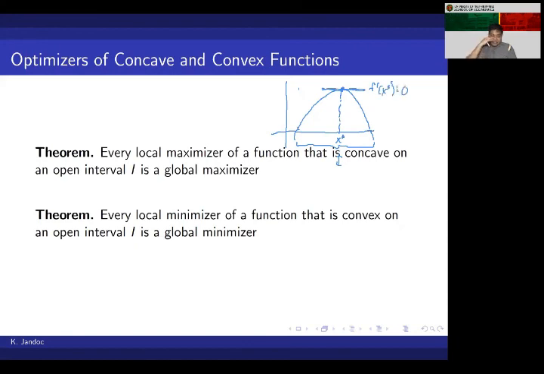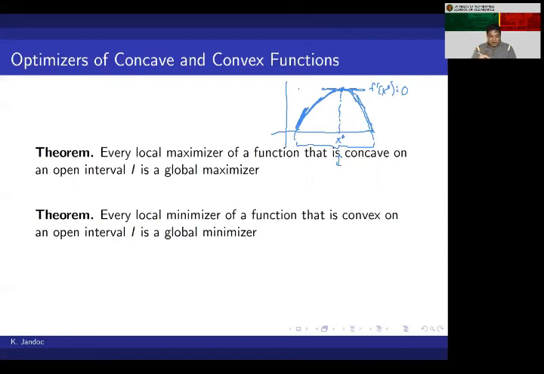Great. But since this function is concave, like I said in the previous slide, all the slopes of the tangent line here start with a very positive number, and then go to 0 as you move from left to right, and then it's negative. So therefore, the function is increasing to the left of x star, and then decreasing everywhere to the right of x star.